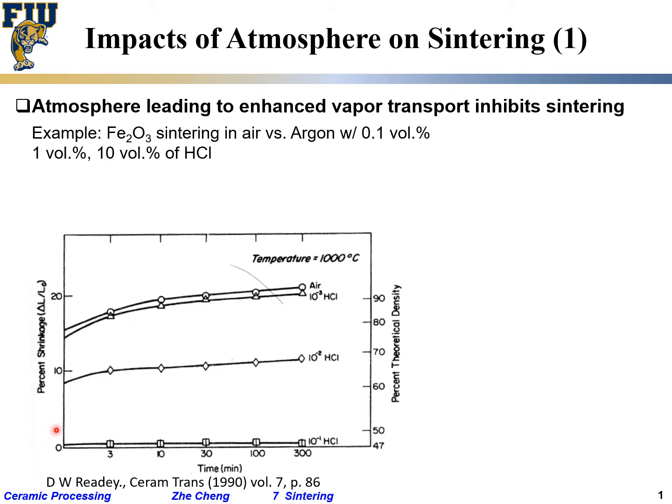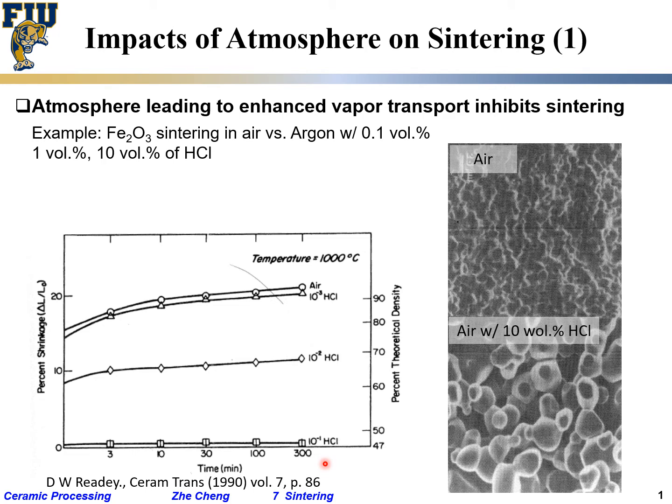HCl, the density goes not as high. How not as high? Depending on how much HCl is in the atmosphere. If you have a lot of HCl, that essentially means no densification at all. Okay, so this is the microstructure.